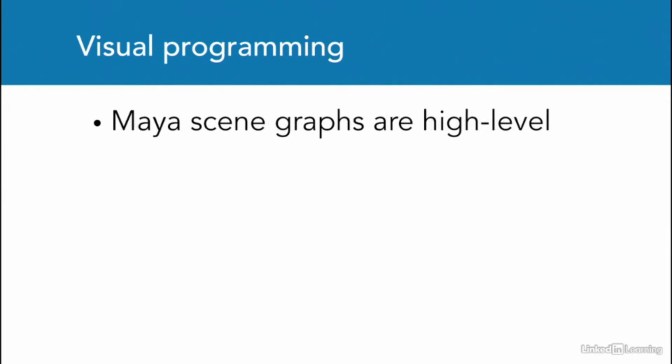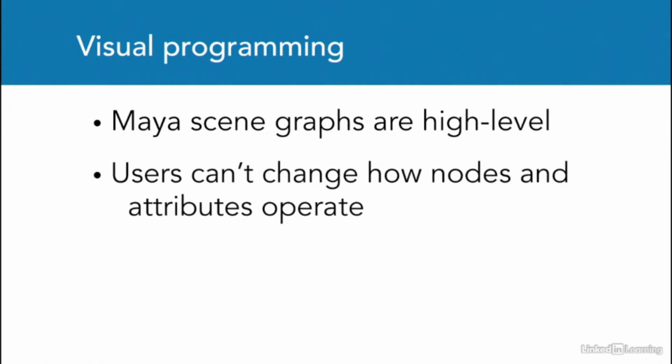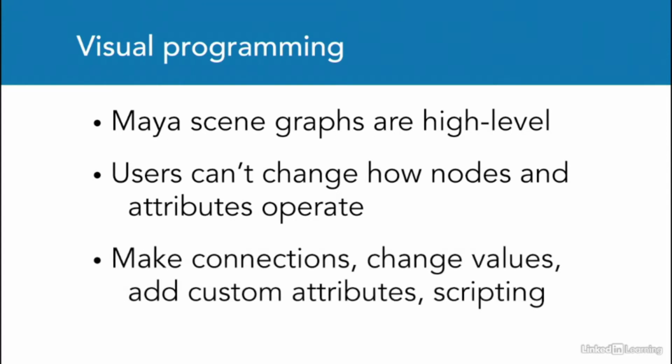Effectively, that means users have little or no ability to make changes to the way nodes and attributes operate. Using the Maya interface, we can make connections, change attribute values, add custom attributes, and write scripts to automate functions. But we cannot go inside a Maya node, such as a deformer, and reprogram its behavior.